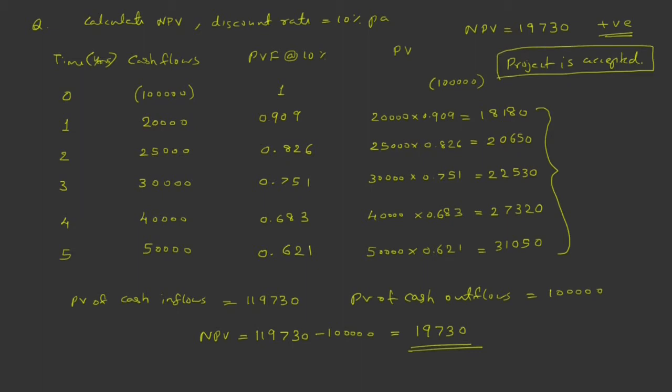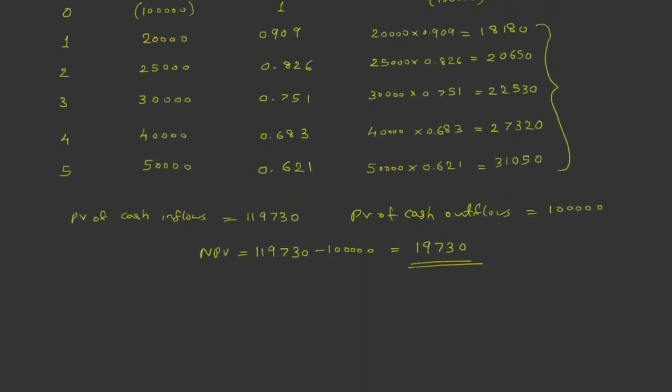Another way we can do it is by applying the formula. We know the net present value is simply bringing all cash flows to time t is equal to 0 by applying a discount rate. Here the discount rate is 10%.